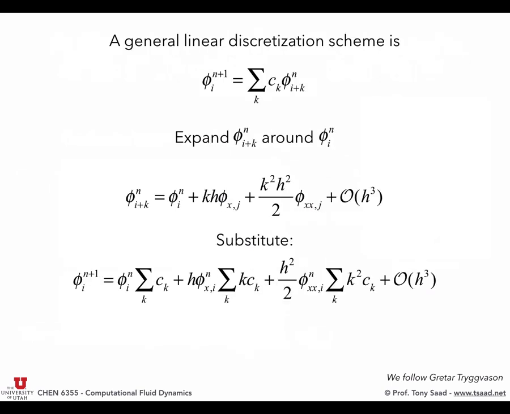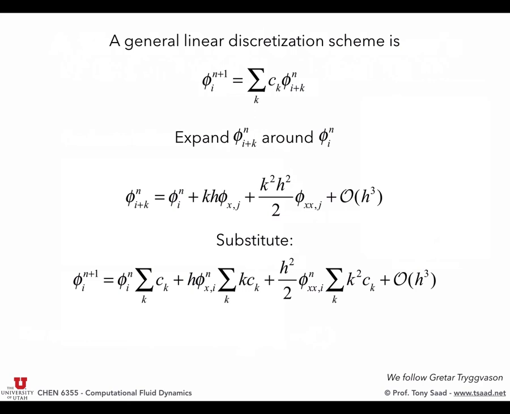Okay, so next we're going to expand φ_(i+k) around φ_i. Remember, k is just an index that's i+1 or i-1, right? So φ_(i+k) is φ_i plus k Δx, which is h, times dφ/dx at point i, again another typo, plus k squared h squared over 2 times the second derivative, plus order h cubed.